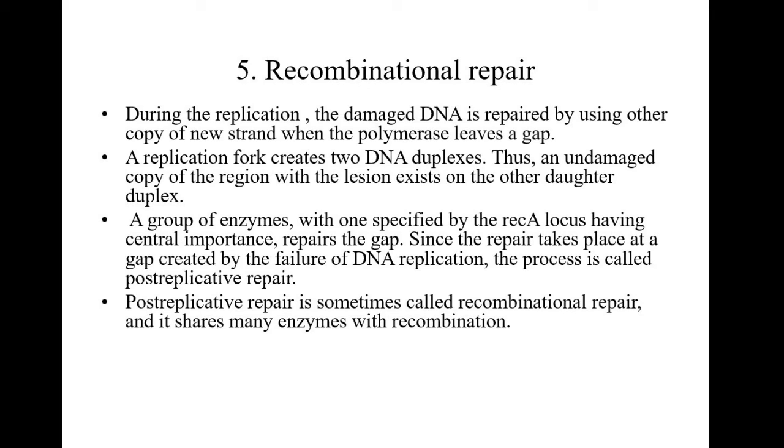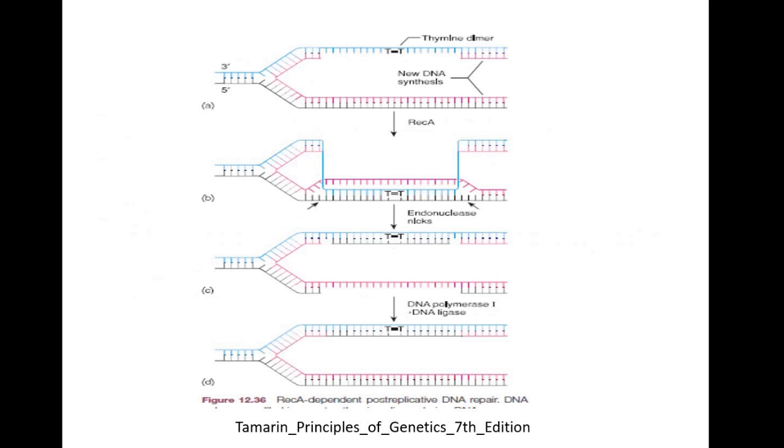The repair takes place at a gap which is created due to the failure of DNA replication. This process is also known as post-replicative repair, and it shares many enzymes which are helpful in recombination. It is a REC-A dependent post-replicative DNA repair.